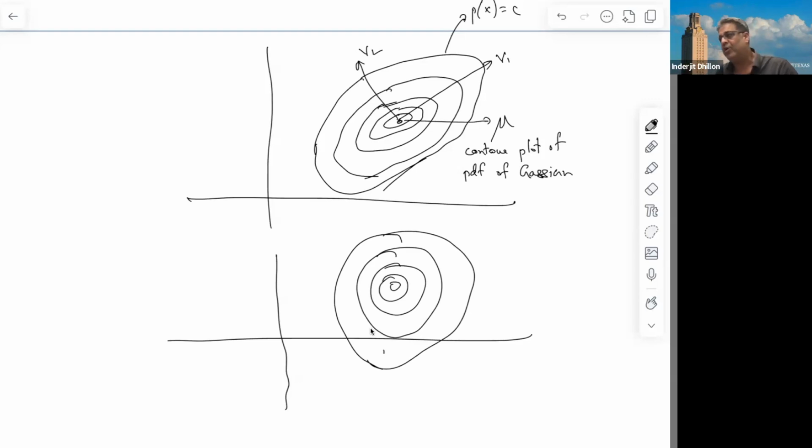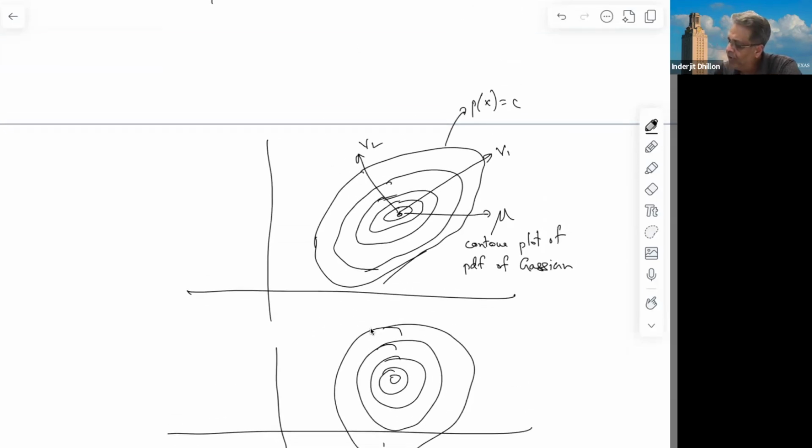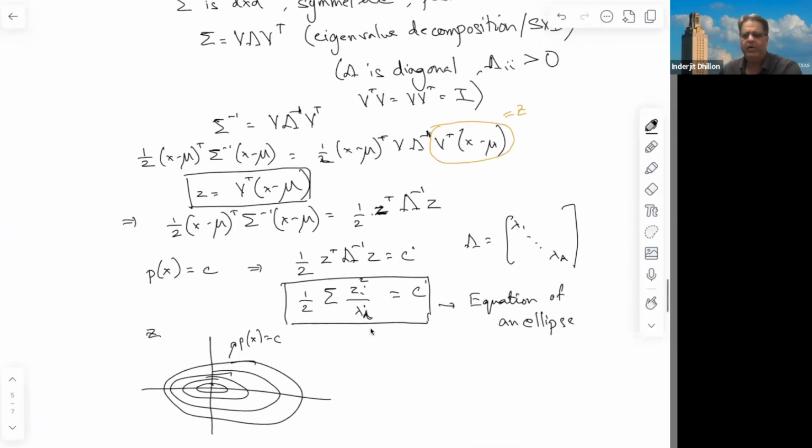So for example, when you draw from a Gaussian which has unit variance in each dimension, and all the variables are independent, then the covariance matrix would be equal to the identity. So this is the contour plot of the PDF of a multivariate Gaussian. Any questions about this?